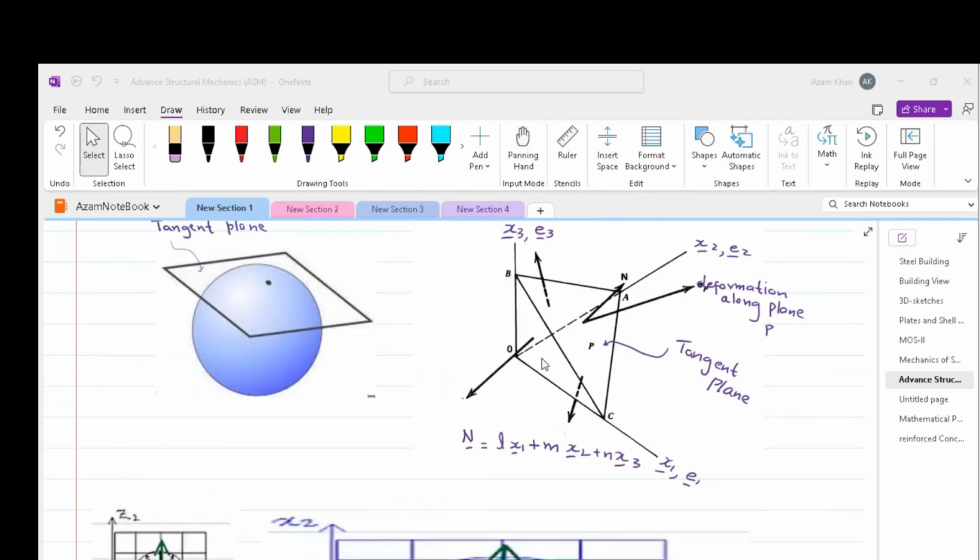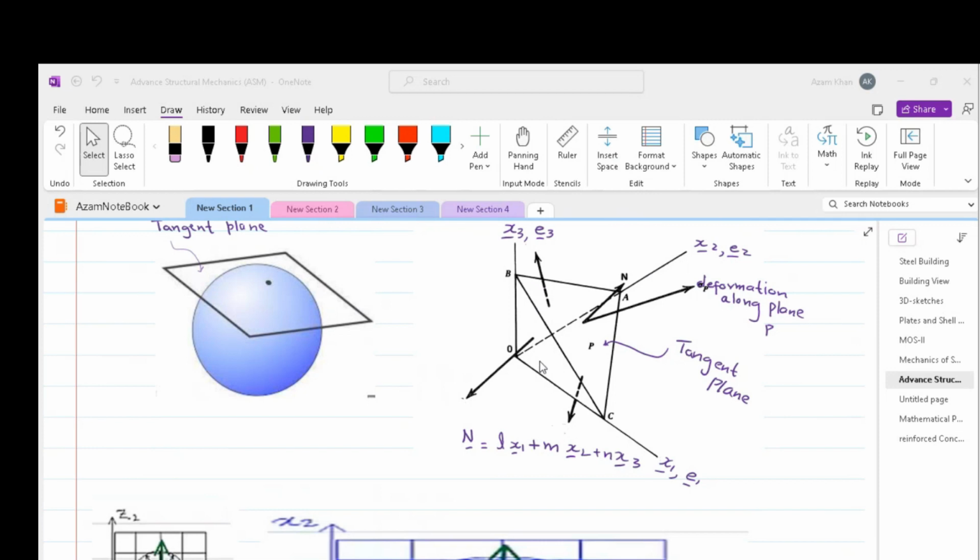We can find out the resultant of all those displacement tangents, and that displacement tangent can be converted into strain by dividing them by the original length in the corresponding direction. Now take an example of the face OBA. This face has got outward drawn normal in the x1 direction.